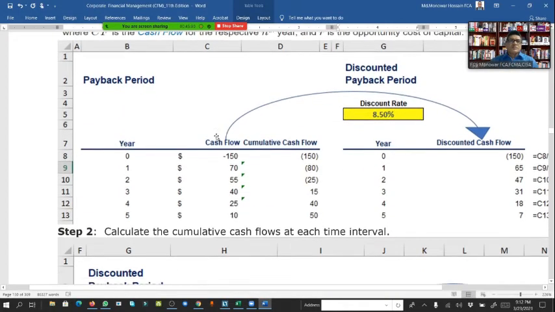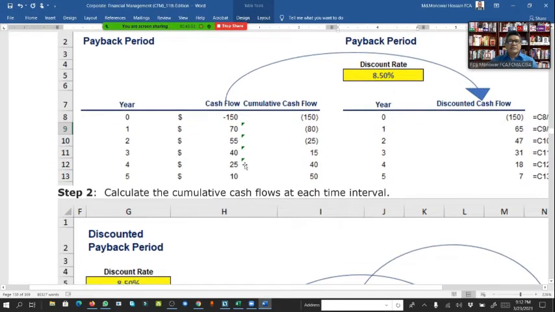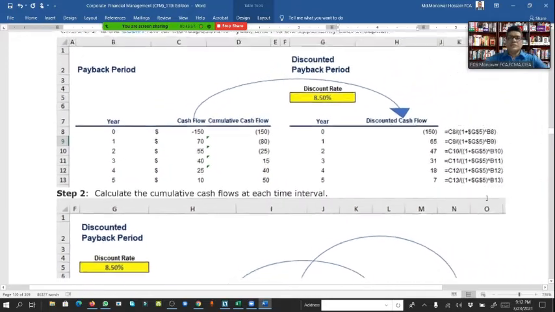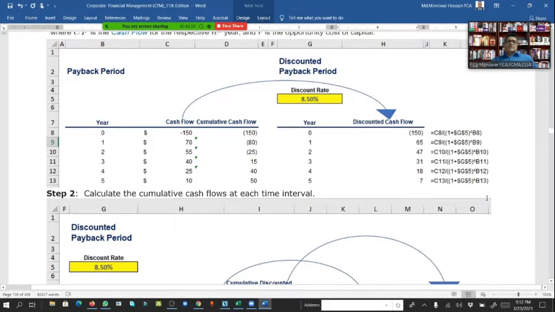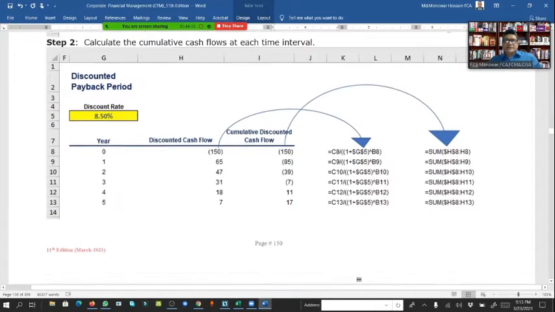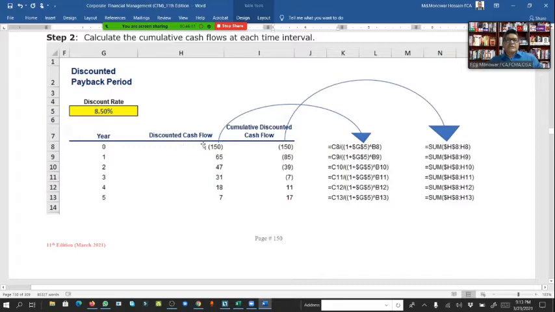Now, along with the payback period comes the discounted payback period. There are a few stages. The discount rate is 8.5 percent for years 1 to 5. Discounting at 8.5, the total figure comes here. From there we calculate the discounted cash flow and the cumulative discounted cash flow.